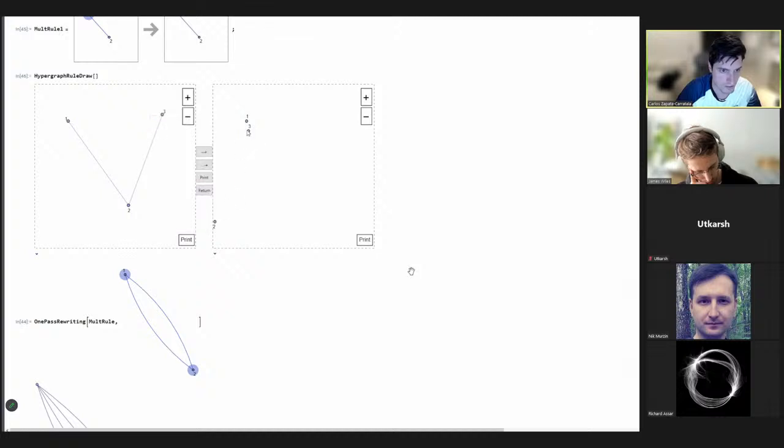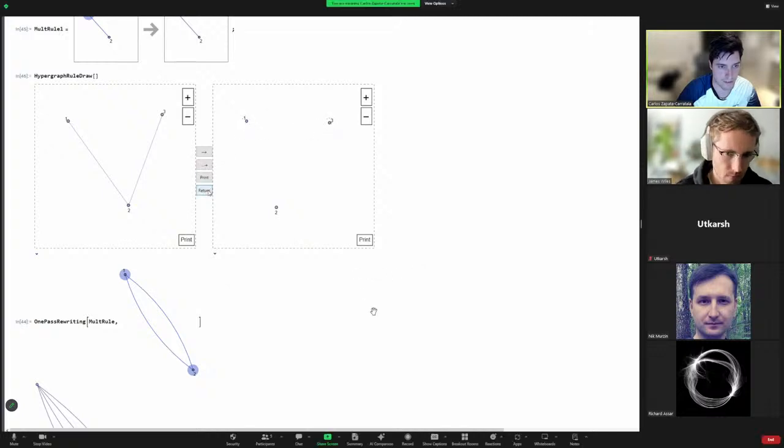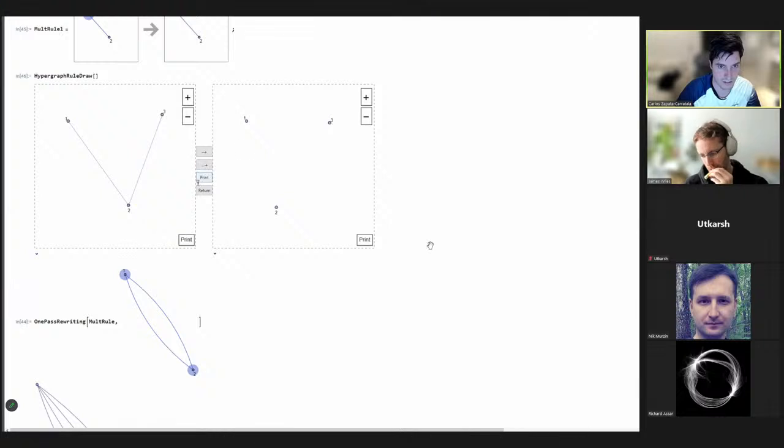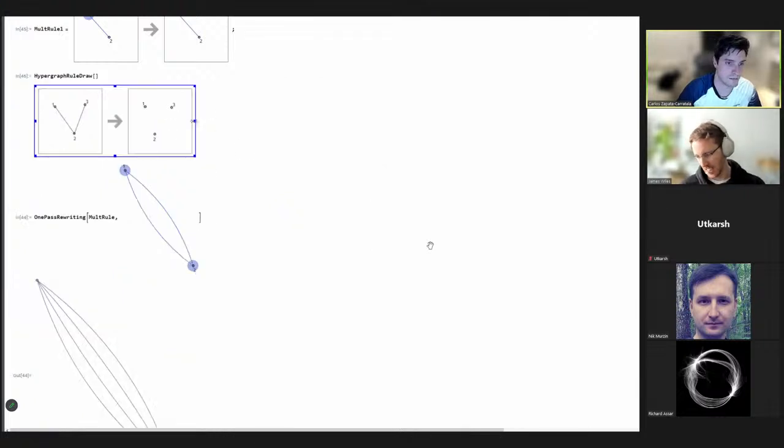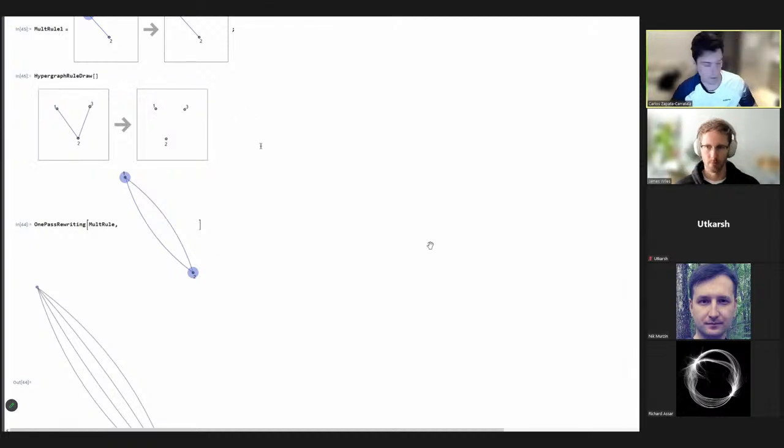Oops. Oh, come on. It's already crashing. Okay, whatever. I don't think, I mean, Nick can confirm it, I don't think the pattern matching was going to work.